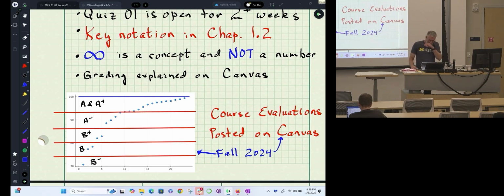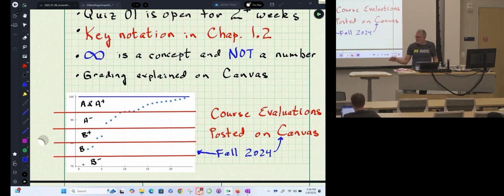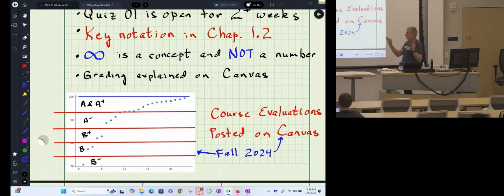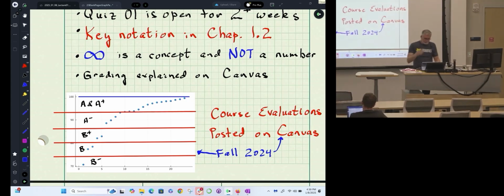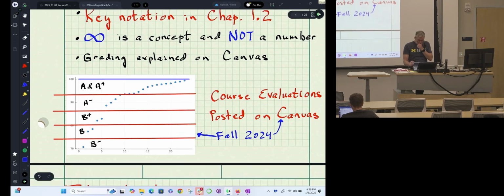The main thing I want you to get when you go through the notation is to understand that infinity is not a number. There are these things called integers, fractions, real numbers. But infinity is not a number. It's a concept. It's a limit when things get arbitrarily large to whatever extent, okay? It's not a number. Now, we'll talk about algebra using infinity eventually, but that's a little bit farther down the road.